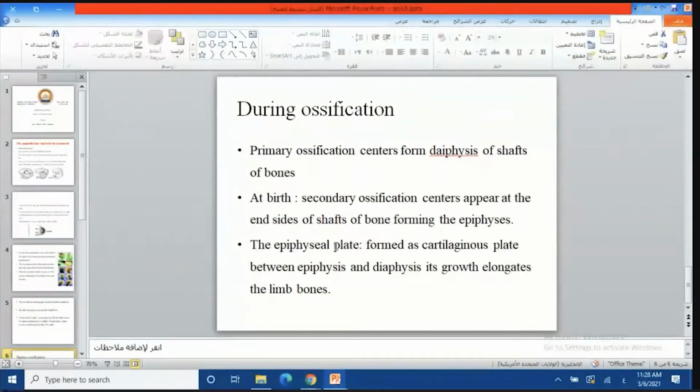It forms as a cartilaginous plate between the epiphysis and diaphysis, and it continues the ossification, the bone-forming process. How? It elongates the bone by adding, through ossification, bone cells at both ends, leading to the growth of the bone. Okay, so any question?